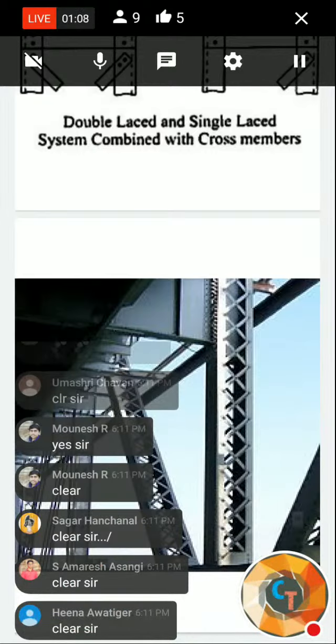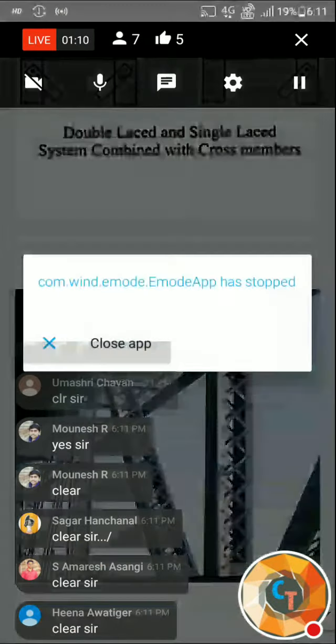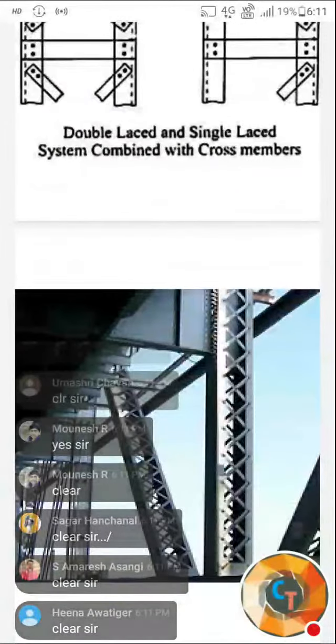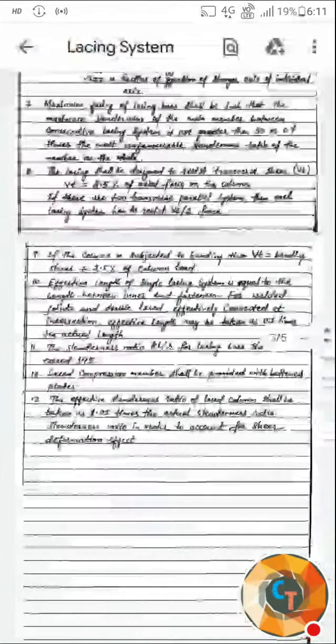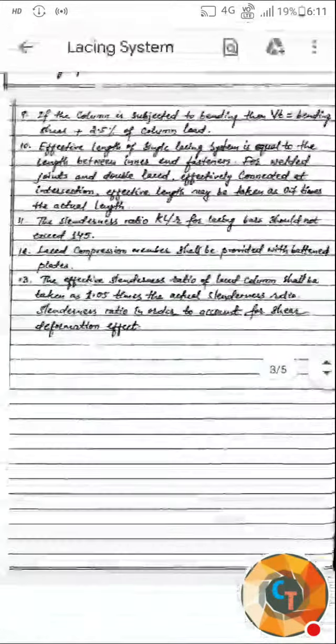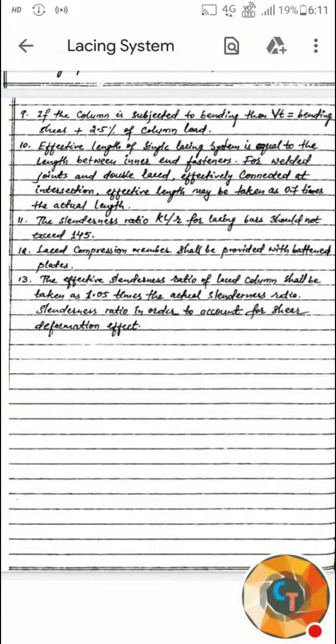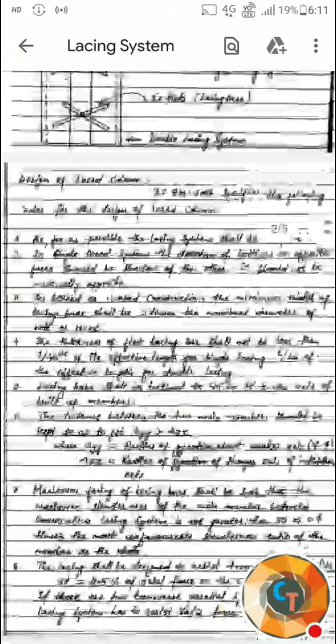I'll continue. We are discussing the last point, the 13th point, the effective slenderness ratio of the lacing member, that is, the diagonal members.